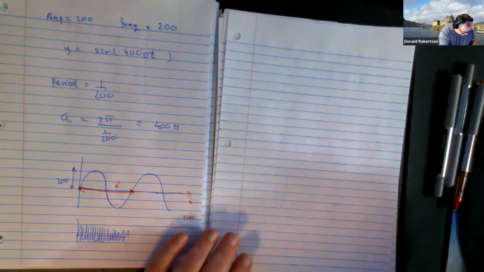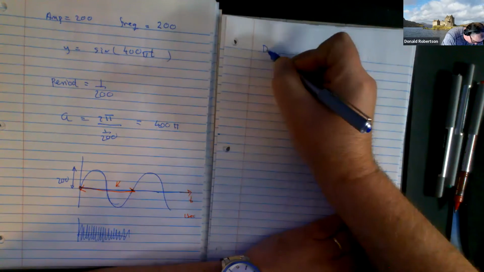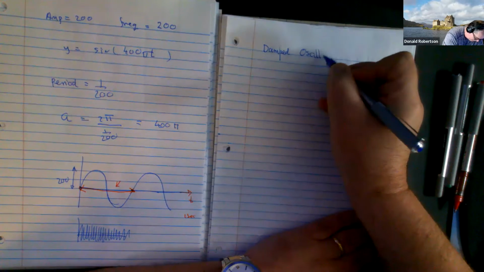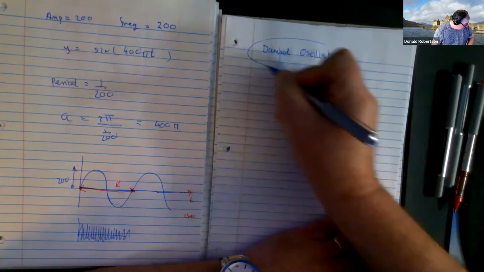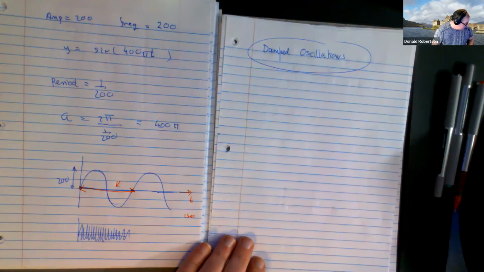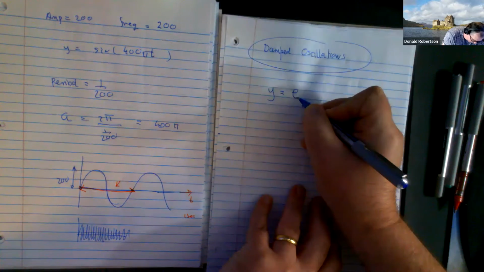So what we're going to look at now is called damped oscillation. Now, the formula for damped oscillations, this is an example of it.